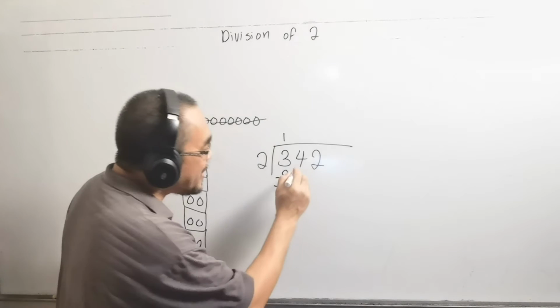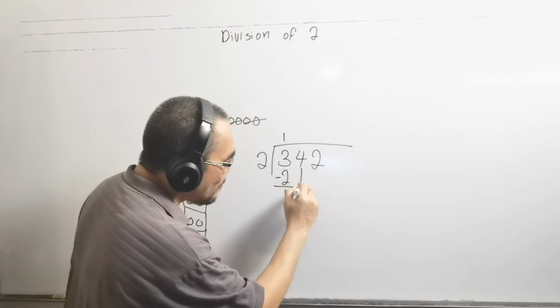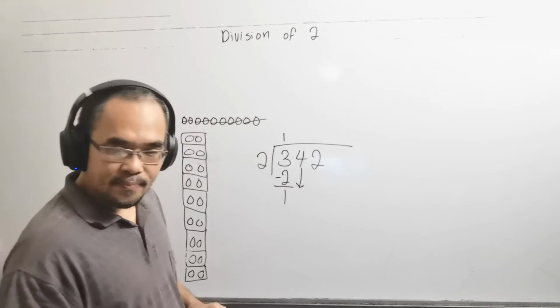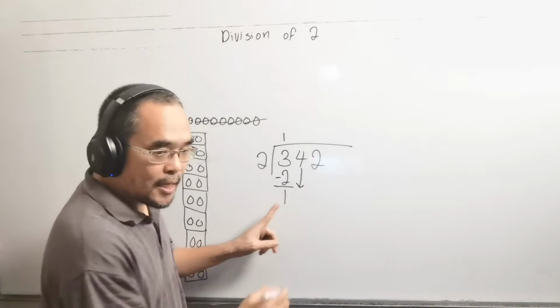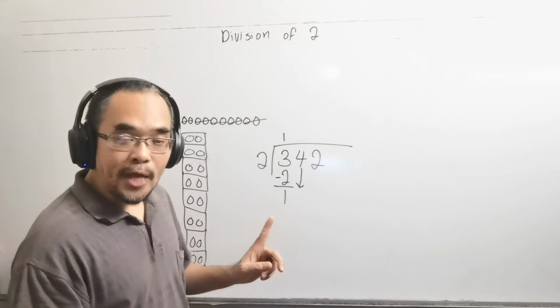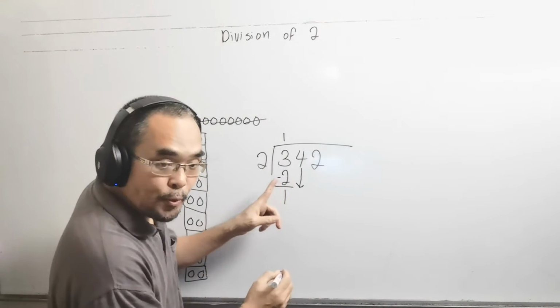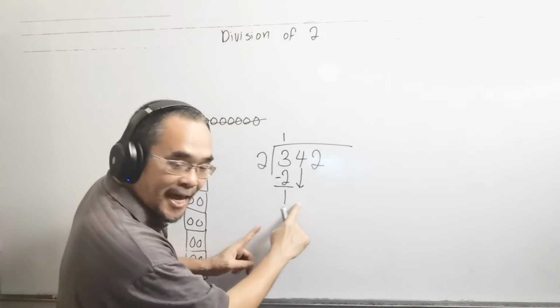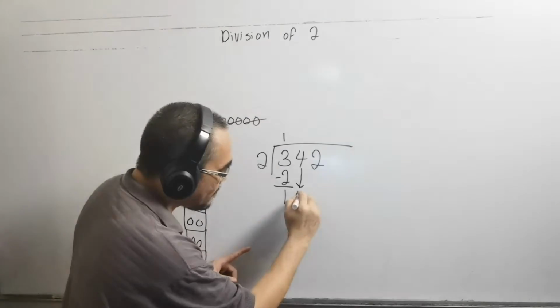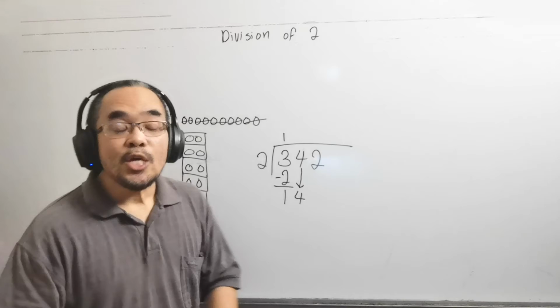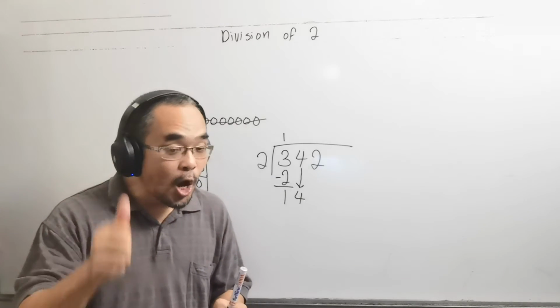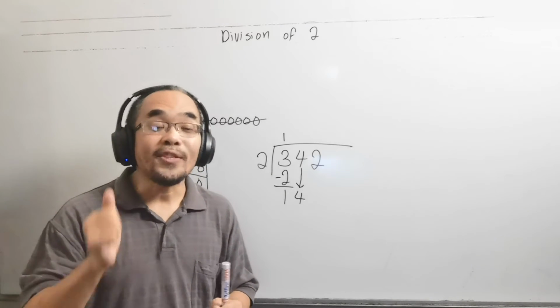Then you have to bring down this number 4. Better put an arrow. Where do you put that 4? Beside 1. 14. So read multiplication of 2 until you get 14.